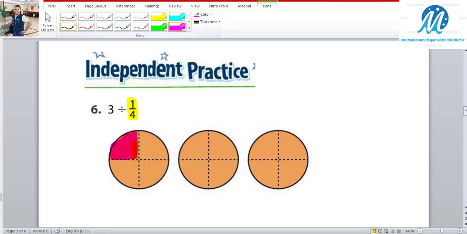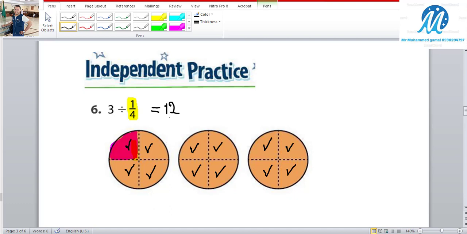Okay, so let's count now how many fourths in 3 pizzas. 1, 2, 3, 4, 5, 6, 7, 8, 9, 10, 11, 12. So the answer for this one is 12.